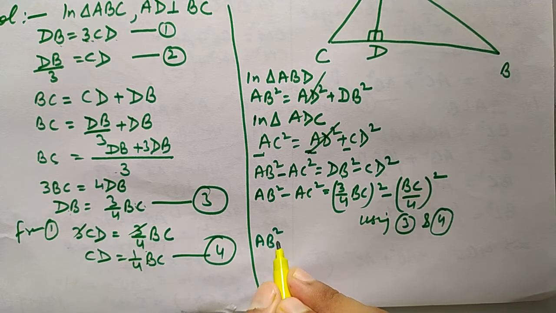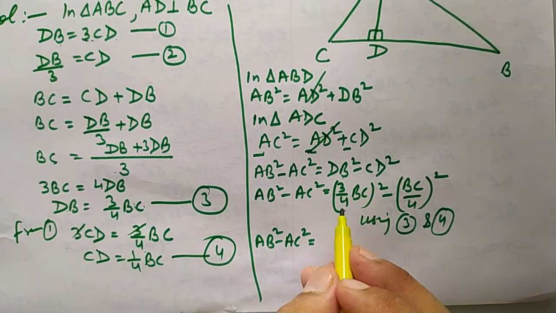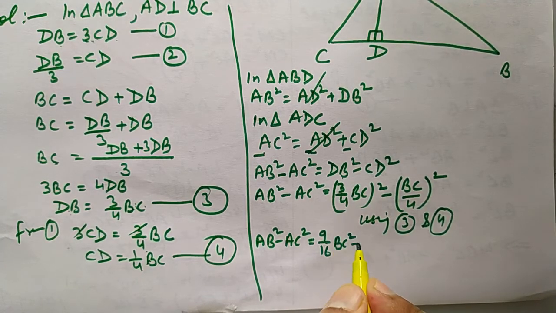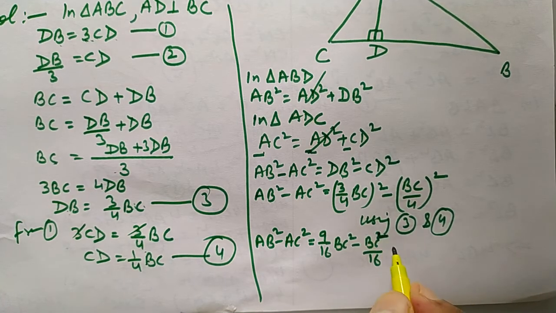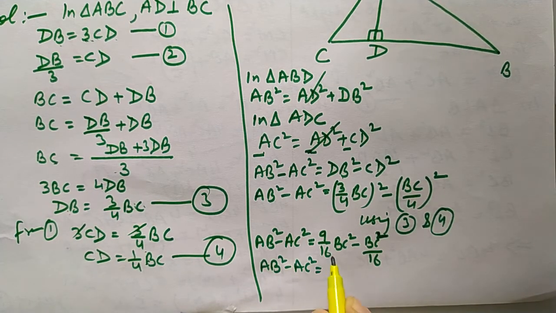AB square minus AC square, and here 3 square is 9 and 4 square is 16. So 9 by 16 BC square minus BC square over 16. 4 square is 16. Okay. So again AB square minus AC square; if you solve this, it will be 9 BC square over 16 minus 1 BC square over 16.